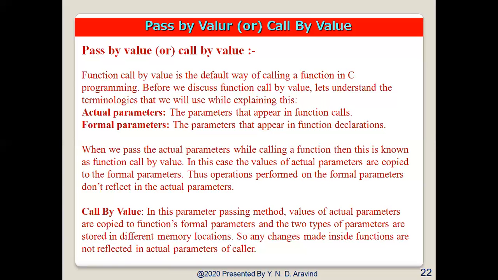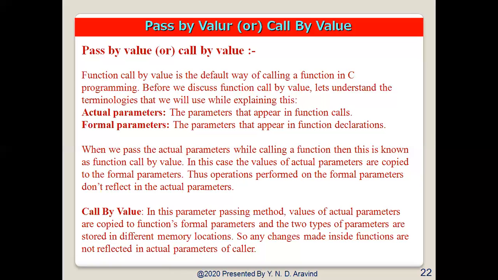So there are separate memory locations for the actual parameters and the formal parameters. For that reason, changes to the parameters within the function affect only the copy and have no effect on the actual arguments. That's why the effect happening in the formal parameters of the called function is not going to reflect in the actual parameters present in the calling function.